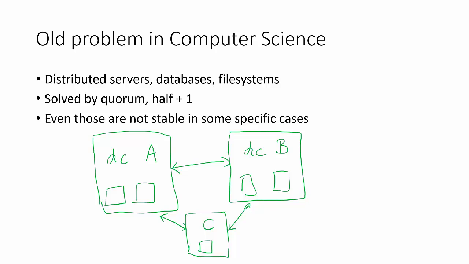Now if A fails, B can still talk to side C. Together they are 3 nodes. This is quorum, so B can keep functioning as a database. As C needs to be in a different location as A and B, this can be a costly solution. And still situations can be created where even this setup fails.